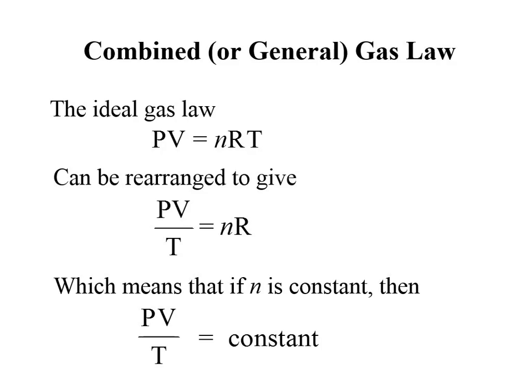So if n is constant, I'm going to put it over here with my R, which is also constant. In this type of problem, then, pressure times volume over temperature needs to be constant between those two boxes. Not to say that we aren't monkeying with the pressure, the volume, or the temperature, but multiplied by each other and divided by temperature, it needs to be constant.